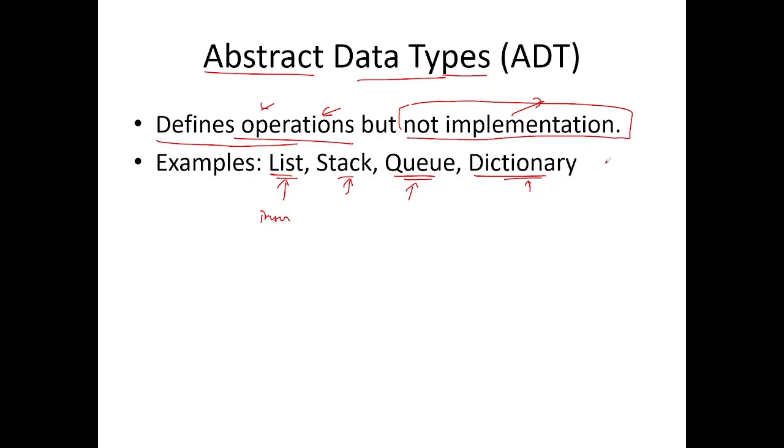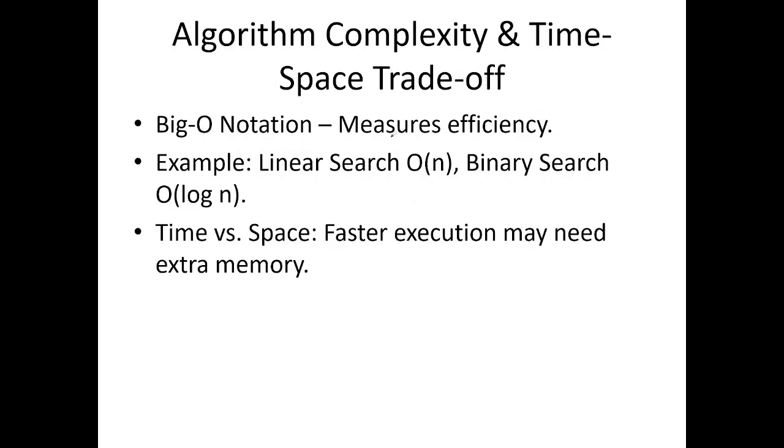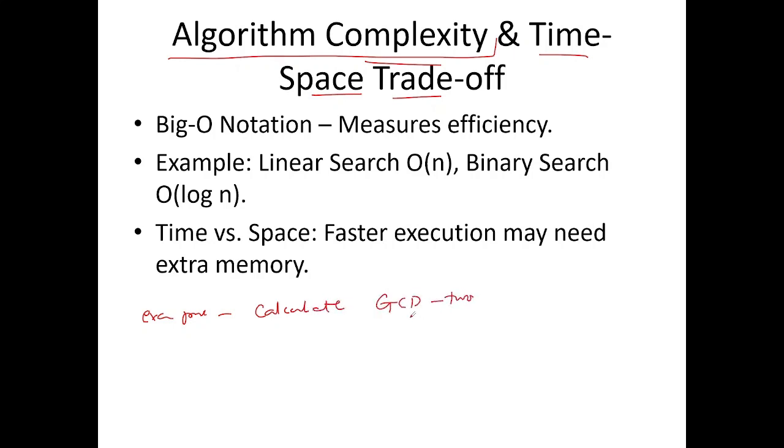Now coming to the next part, algorithm complexity and time-space trade-off. This is one of the most important concepts in data structures, because if you take an example problem, say calculating the GCD of two numbers, you have many algorithms. Let me name them algo 1 and algo 2. These are two algorithms which can give you the GCD of the two numbers.